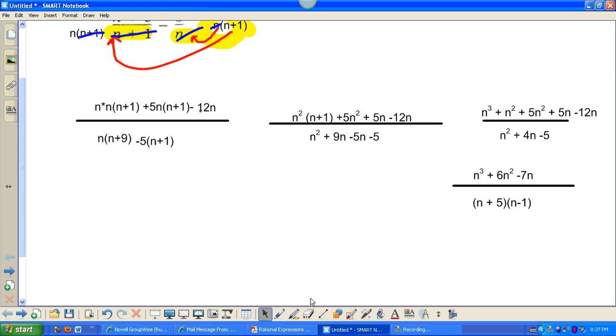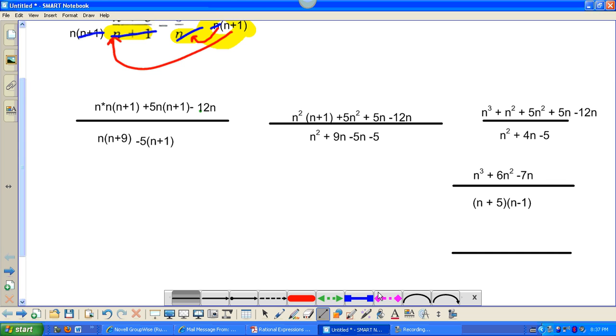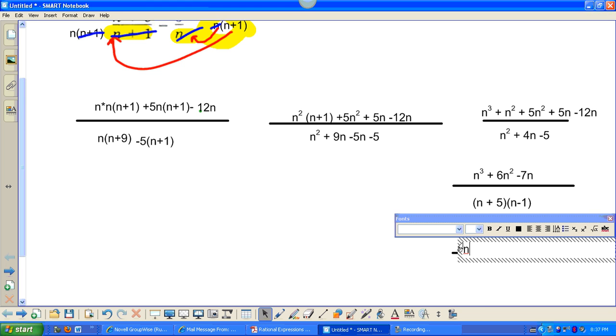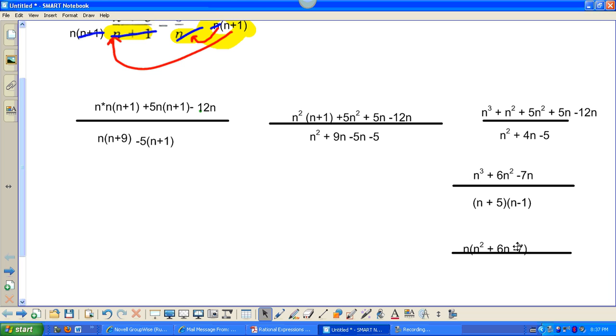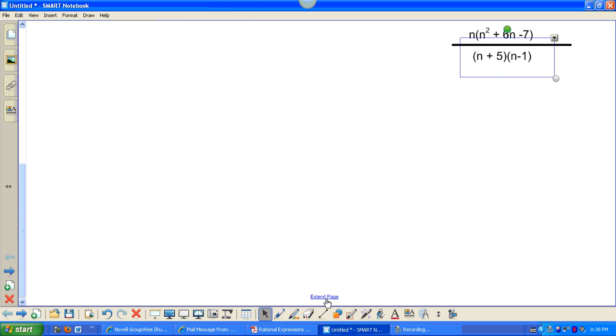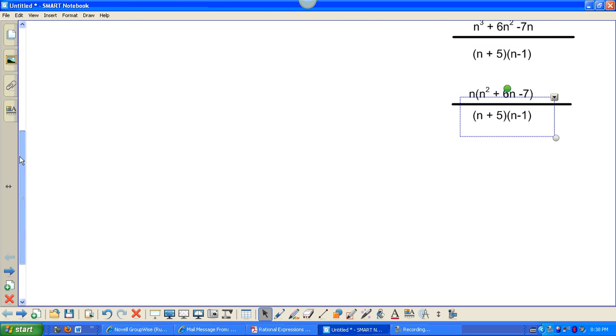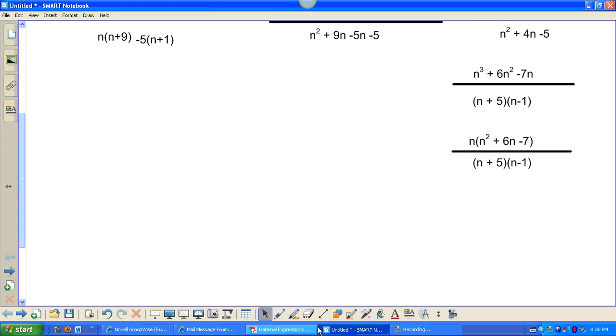Okay. Now my numerator factors. I can pull out a GCF of an n, and I'm left with n squared plus 6n minus 7. My denominator is going to stay the same. Okay, the numerator is going to factor again.